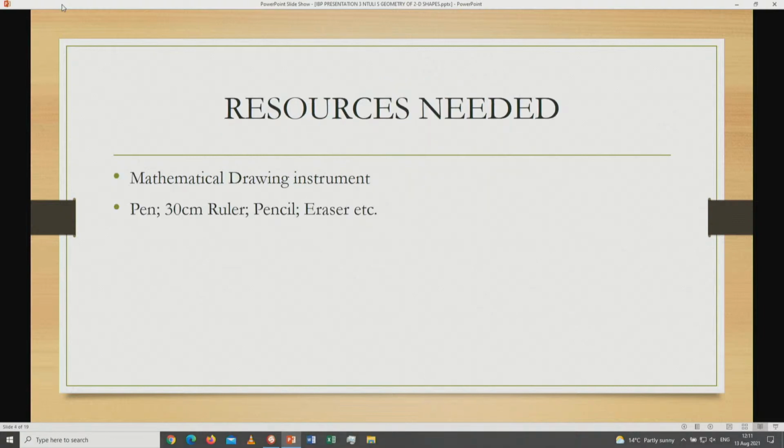Now, the resource that we're going to need, guys, first is a mathematical drawing instrument, as we are busy with geometry of 2D shapes. So the mathematical drawing instrument is going to be very important. Pen, 30 centimeter ruler, pencil, eraser, etc. Those are part and parcel of our stationery that we normally need to have before we can embark on any task. What more can I add there, guys, is this.